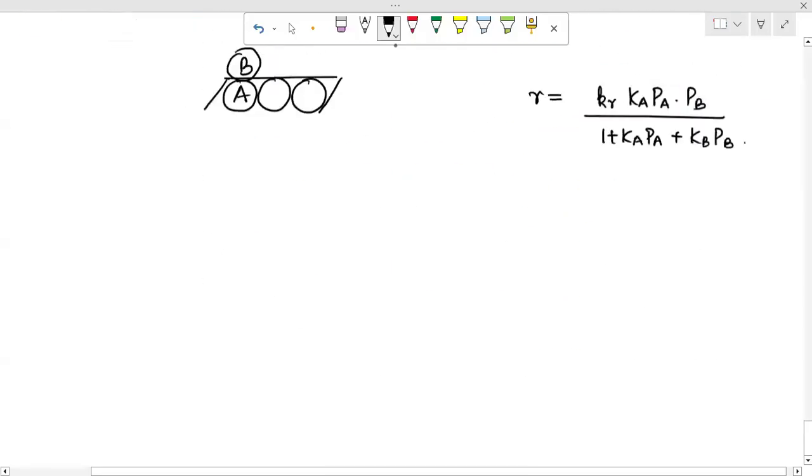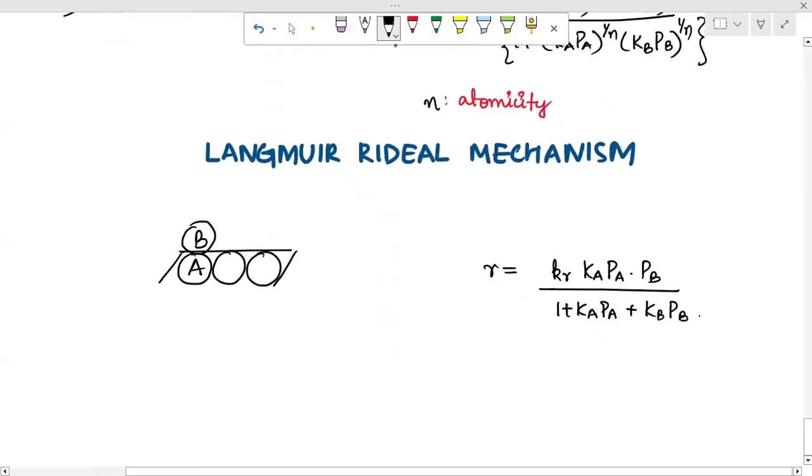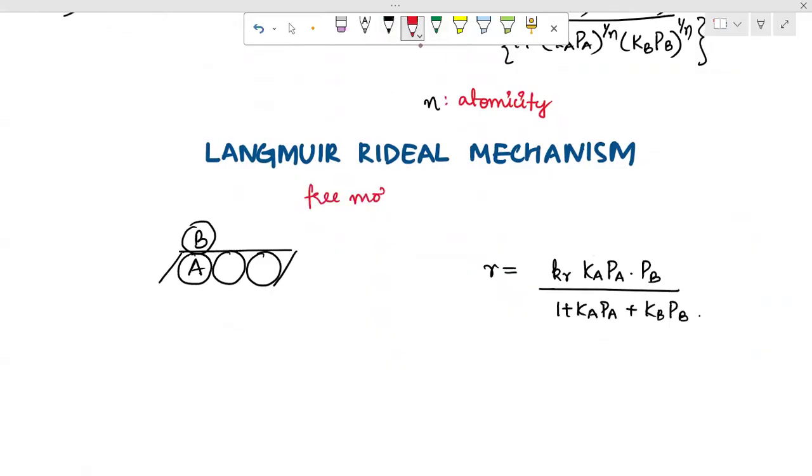Okay, and finally you have the Langmuir-Rideal mechanism. In the Langmuir-Rideal mechanism, a free molecule interacts or reacts with an adsorbed molecule.